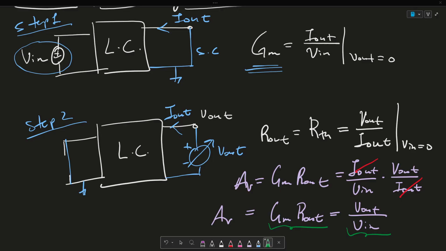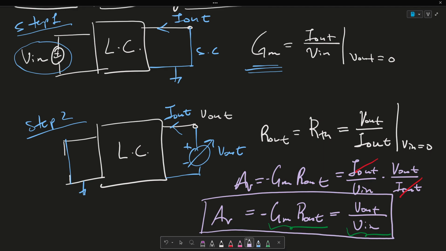So if you give me a positive Vin, I'm going to give you a negative Vout, right? If you give me a negative Vin, I'm going to give you a positive Vout. As a result of that, we attach a negative here, all right? So there's going to be a negative Gm Rout because of the inversion property.